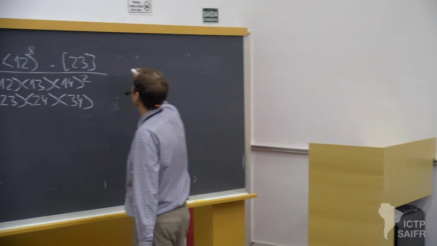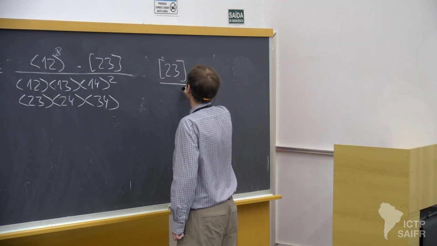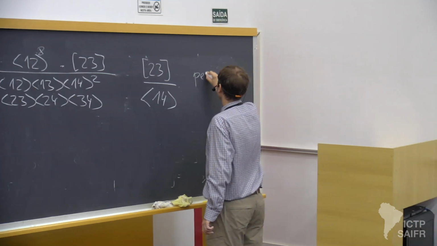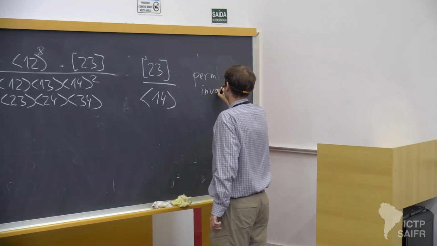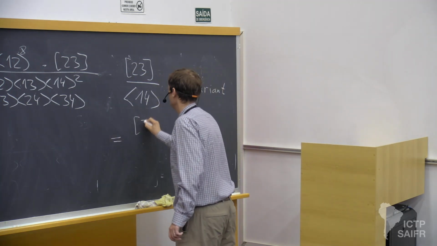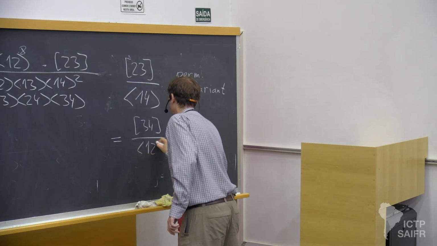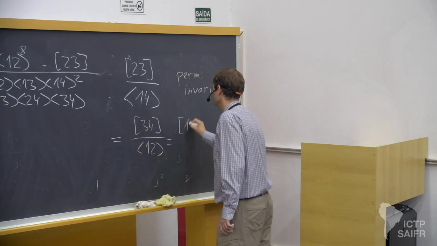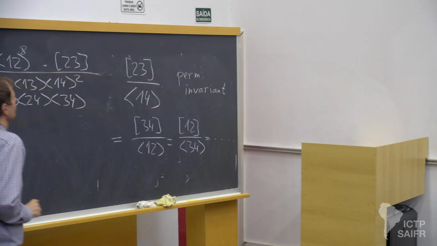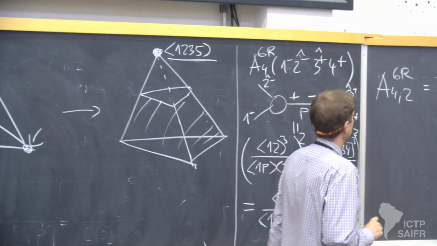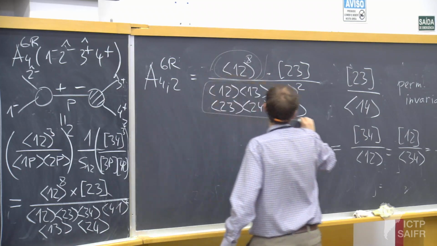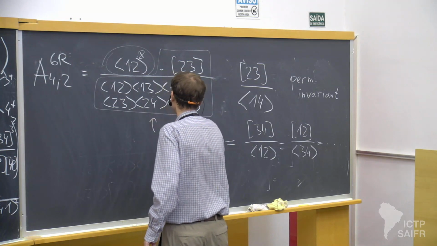Because this factor [2 3] over [1 4], which squared the pole, is permutation invariant. It's a small exercise to show that this is also equal to, for example, [3 4] over [1 2], and also equal to [1 2] over [3 4], and all other combinations. So up to this helicity factor, the rest of the amplitude is completely permutation invariant in all labels.